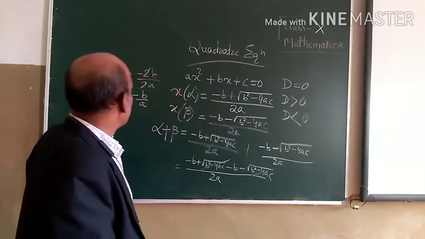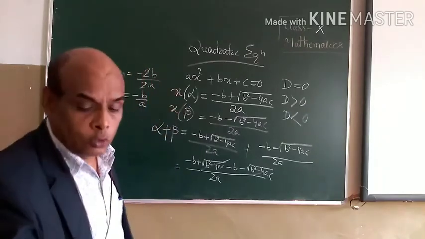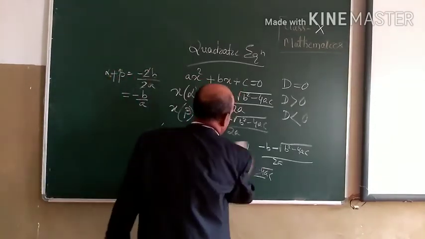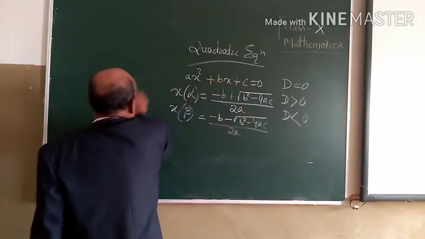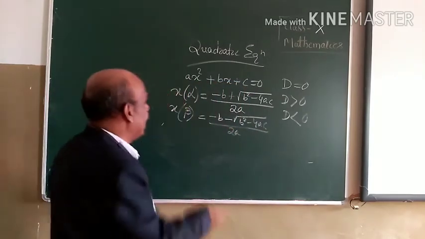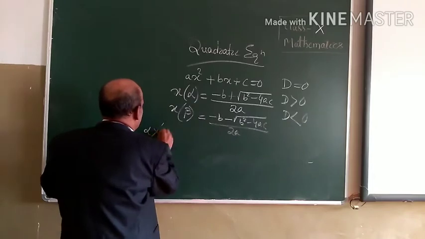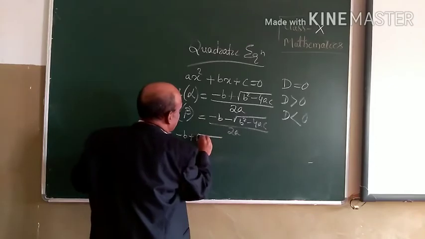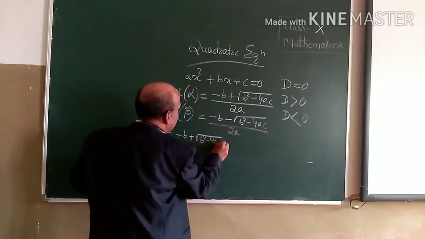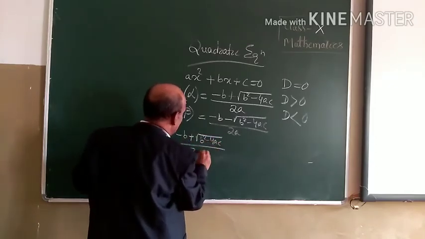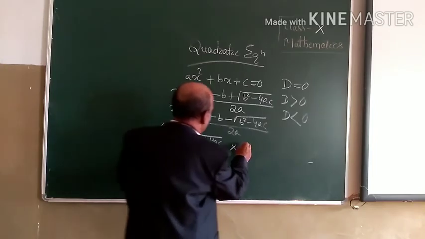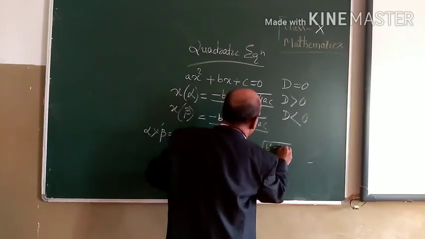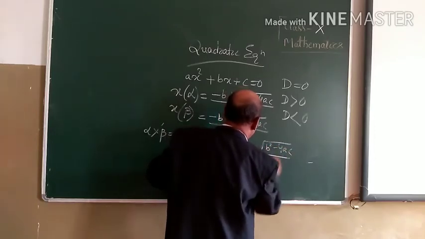Now observe the product of the roots. We write alpha into beta, that is equal to minus b plus root of b square minus 4ac by 2a, into minus b minus root of b square minus 4ac by 2a.